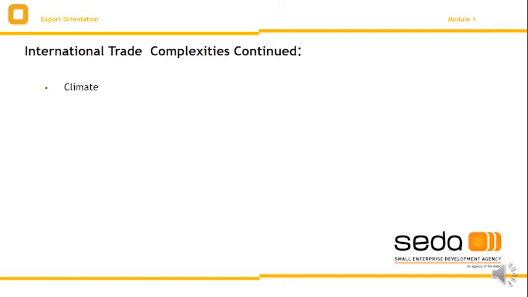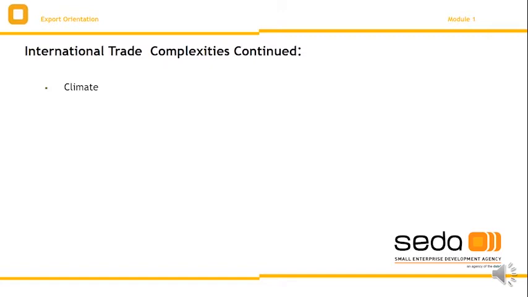If you are going to be exporting perishable products like food, like fresh fruit, then climate is definitely going to affect you. Remember that if you are going to be exporting things like fruit to very, very hot countries, with a climate that's very, very dry, you need to be mindful of how you are going to package and transport those products, because they may be damaged if the climate is very, very hot and they're not packaged appropriately and not put into refrigerators.